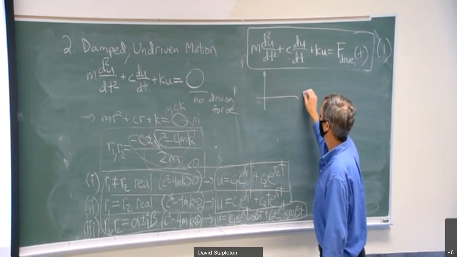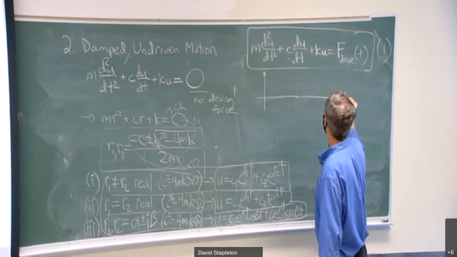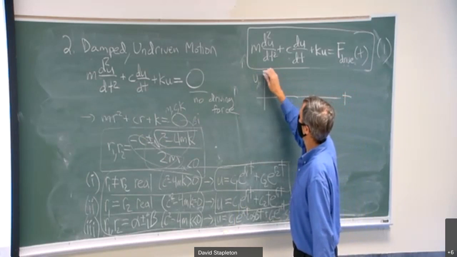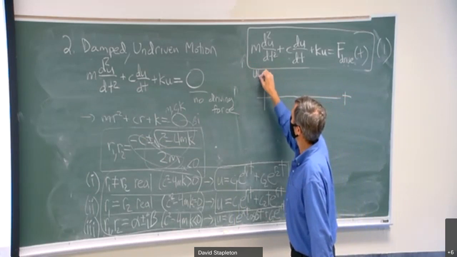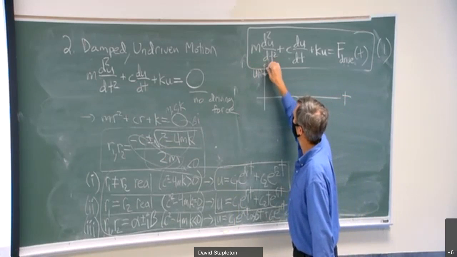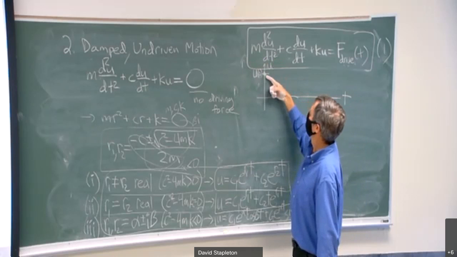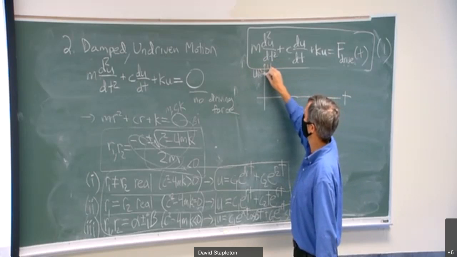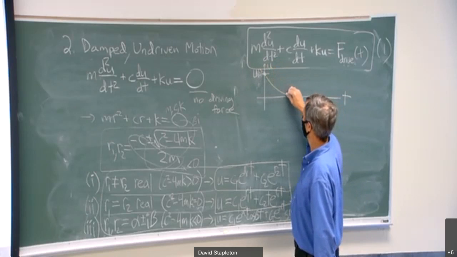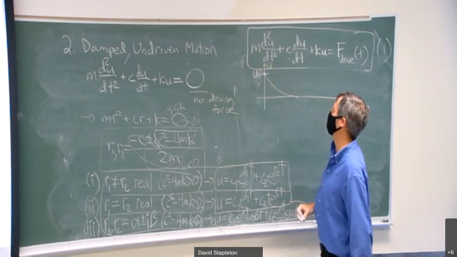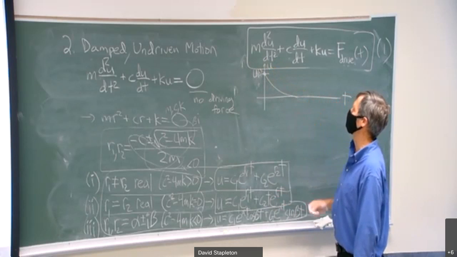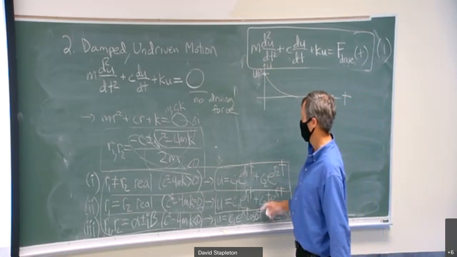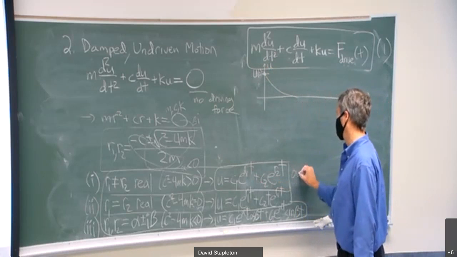So if you start in the tu plane with some initial position, u of 0, on the axis, it starts here, and maybe you start it with a little downward velocity, so it has negative slope here. It might go like that, right? It damps out exponentially. It doesn't ever touch the axis, but it just gets lower and lower. So this will be case 1, and we call this case 1 overdamping.